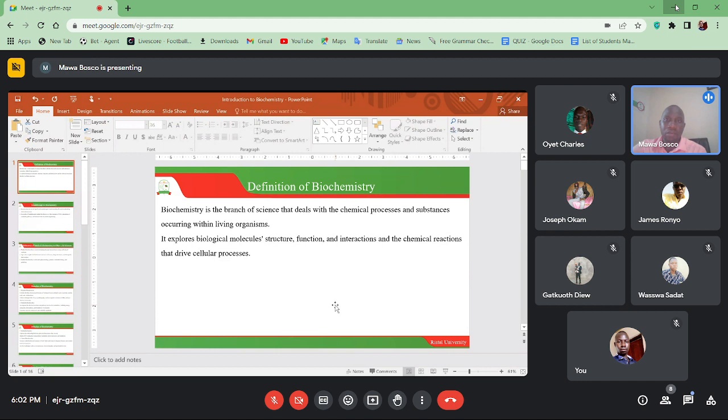Okay, we also have what we call biochemical toxicology. Toxicology is basically the study of toxins. So within our bodies, we could have toxins, and we could be interested in understanding the structure of these toxins and how they cause injury to our cells, and what processes or what pathways these toxins undergo in order to cause any injuries to cells or tissues.